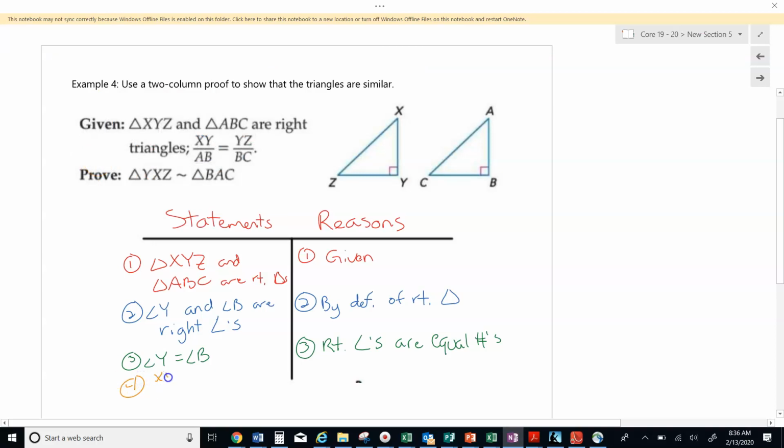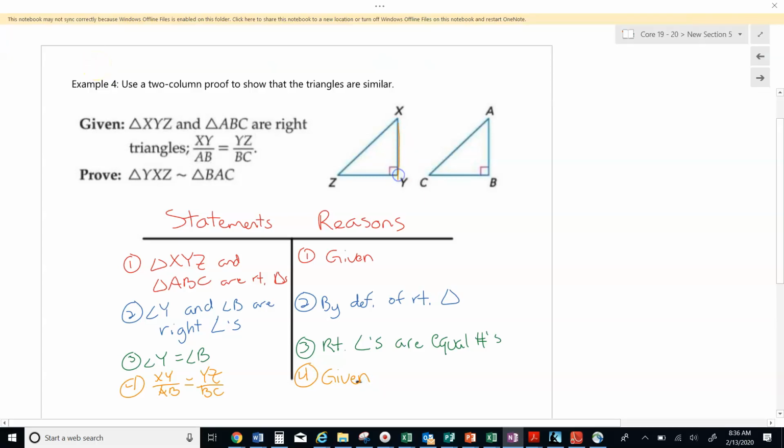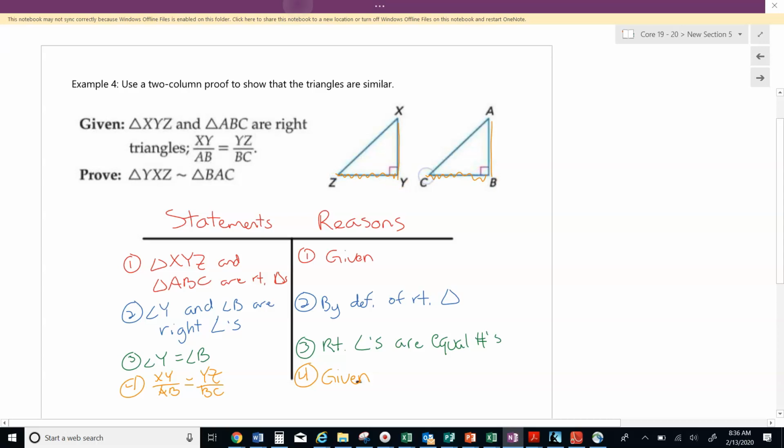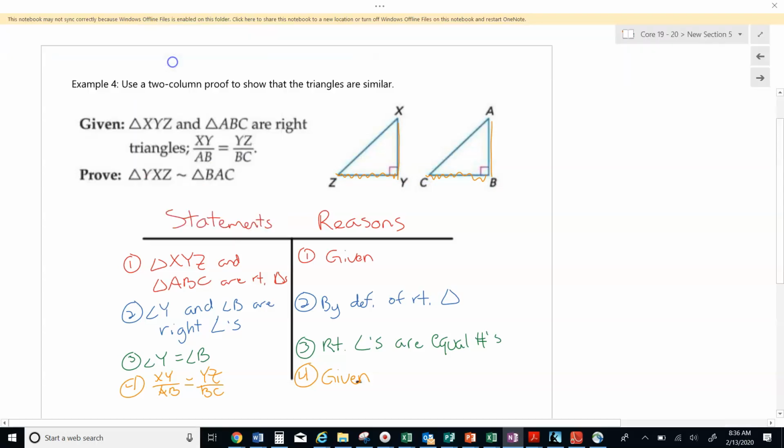I know XY over AB equals YZ over BC. That was given. Now, I have XY and AB, and YZ and BC, right? I know those are proportional, and I know these are my right angles.